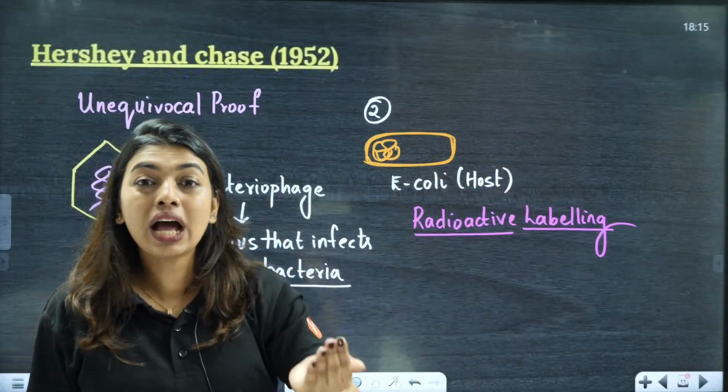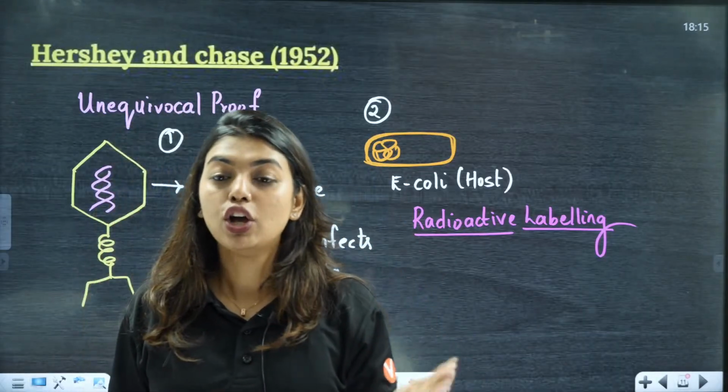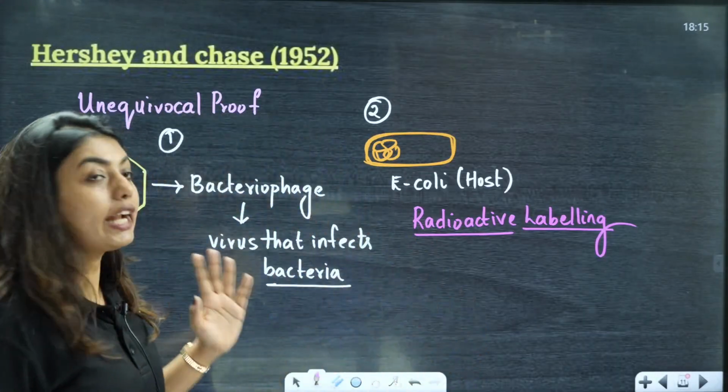I want to see the highlight, so to highlight it I have to label it. So to label, I do radioactive labeling.